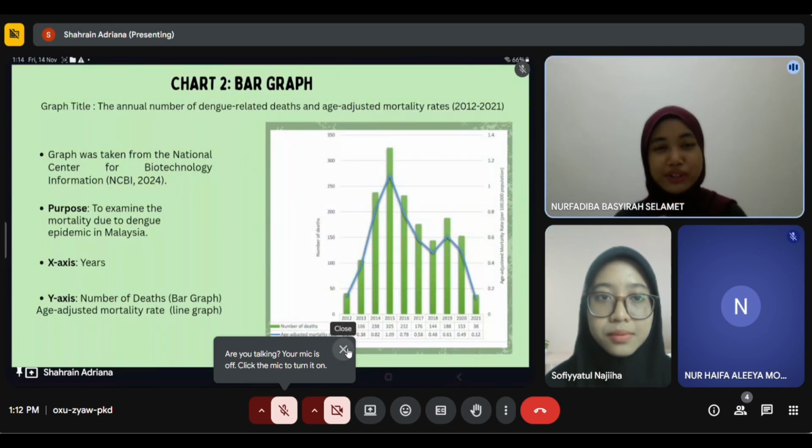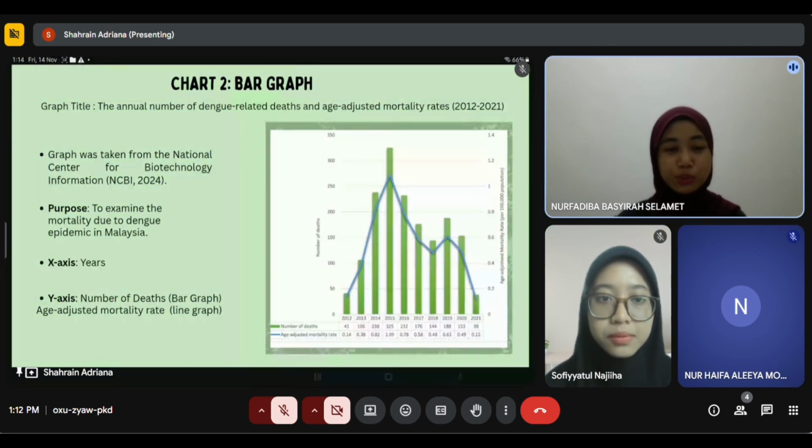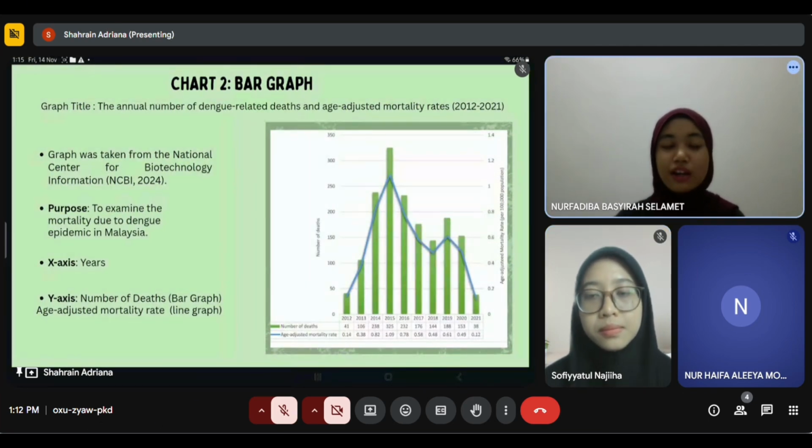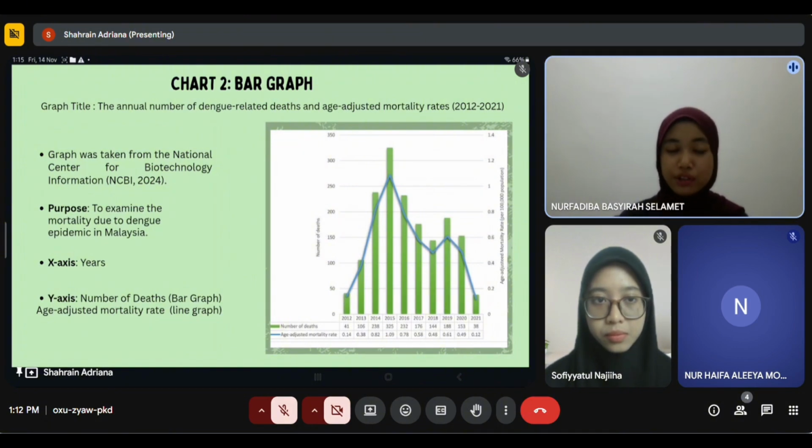Now I'm going to explain chart 2, which is a bar graph taken from the National Center for Biotechnology Information, NCBI 2024. This graph shows the annual number of deaths and the mortality rate from 2012 to 2021. Before I explain the data, let me describe the bar graph briefly.